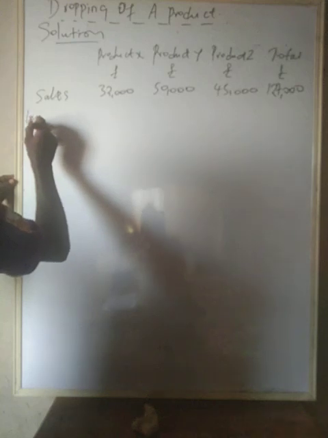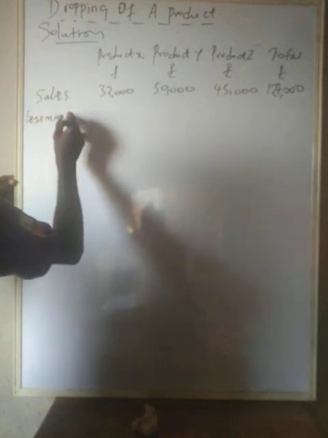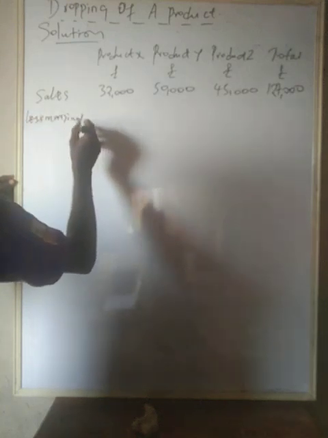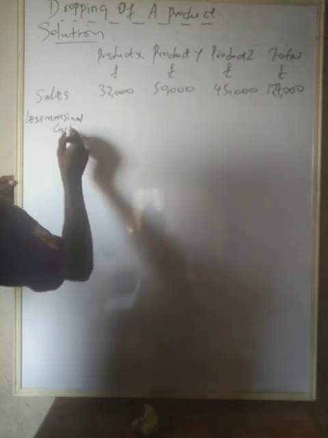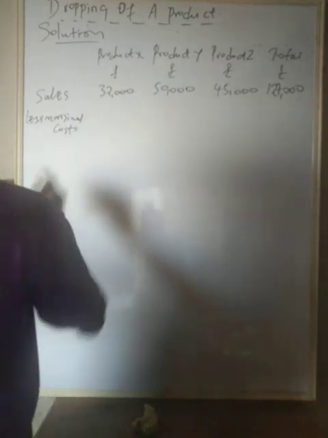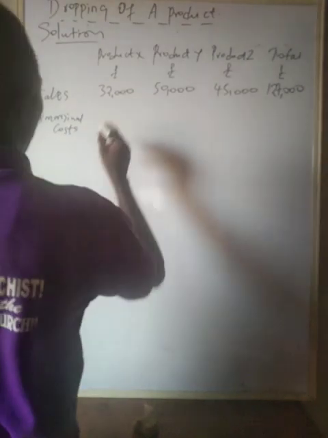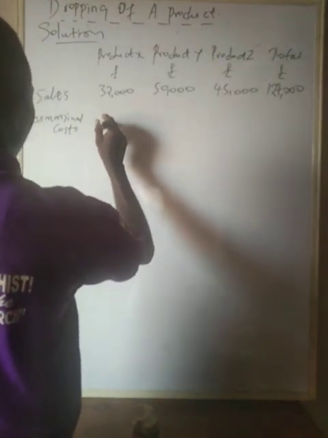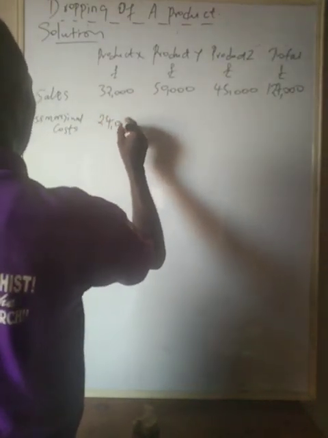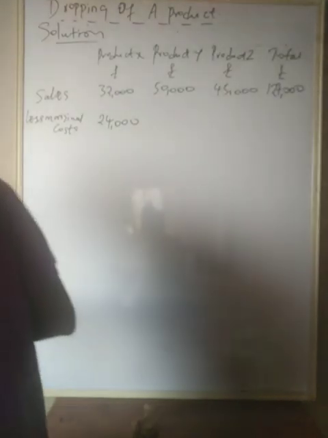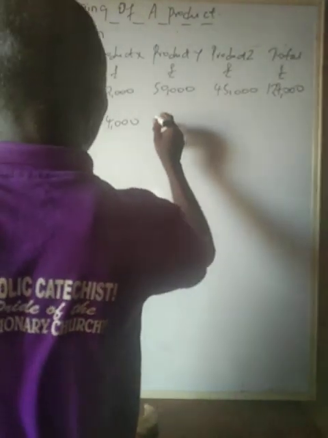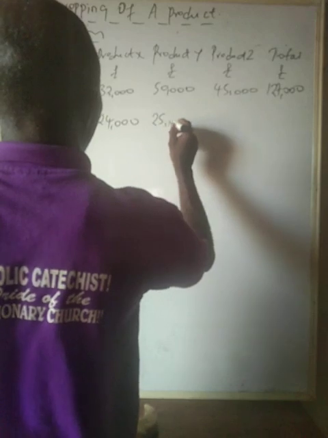Less marginal cost. What are the marginal costs? For product Y, marginal cost is 25,333, according to the analysis.